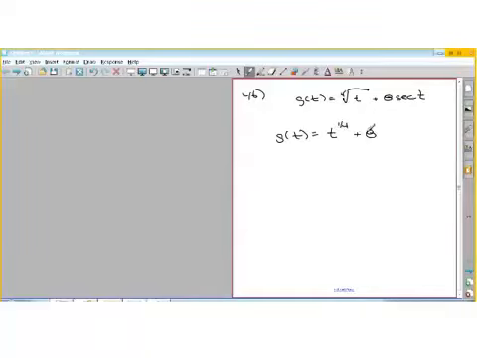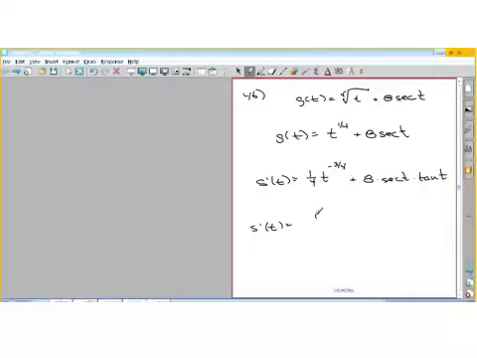Then we take the derivative, so g prime of t. Our exponent is 1/4, so we bring that down as the multiplier. And then we have t, and we subtract 1 from 1/4, so you get -3/4. The second part, you have the constant multiplied by the derivative of the secant, which is the secant of t times the tangent of t. And finally, we clean it up a little bit because we have a negative exponent.